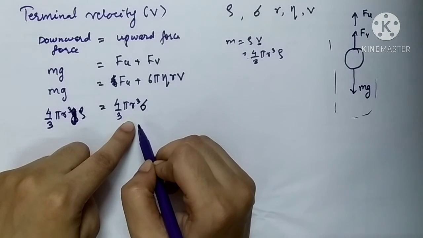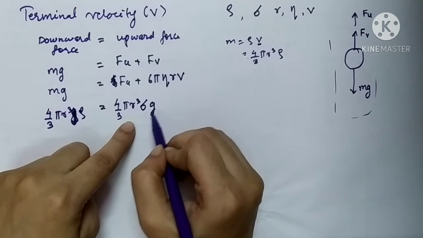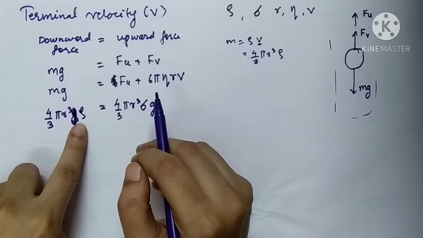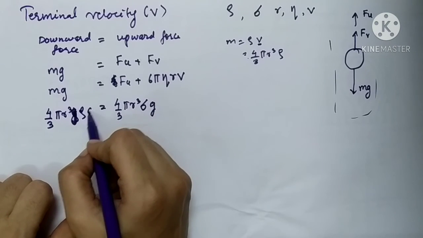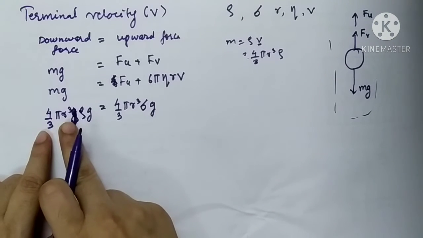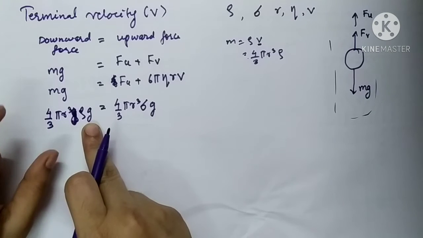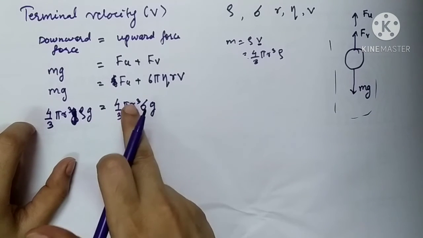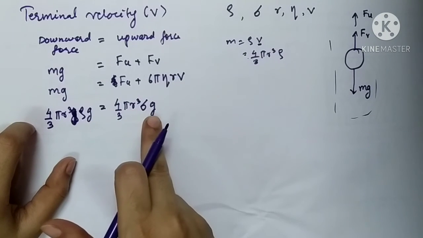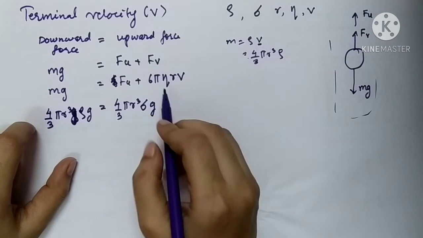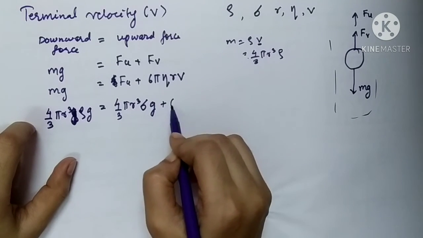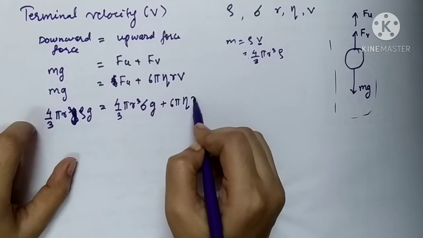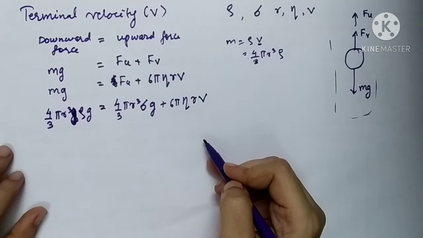Density of the liquid into gravitational acceleration. This is also mass into gravitational acceleration, and this is also mass into gravitational acceleration. So 4 by 3 pi r cube rho into g is the downward force. 4 by 3 pi r cube sigma into g is the upward force or upthrust force, or you can say buoyant force, plus 6 pi eta r into v.